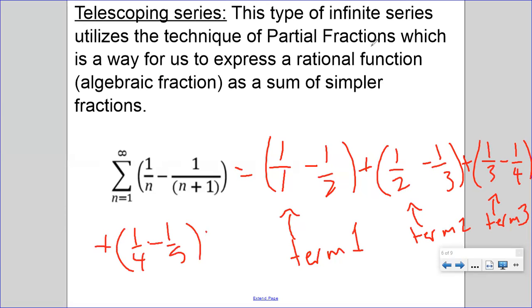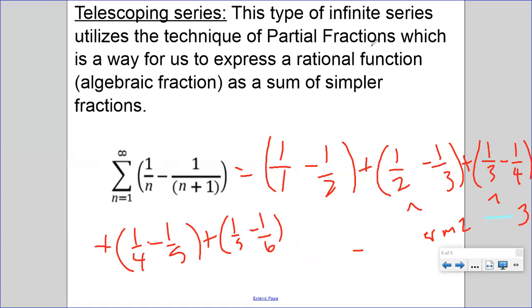You guys see what's happening here? How do we see what's kind of going on? Yeah, what cancels out? The term right before the end of the parentheses and the one right after the beginning. Good.